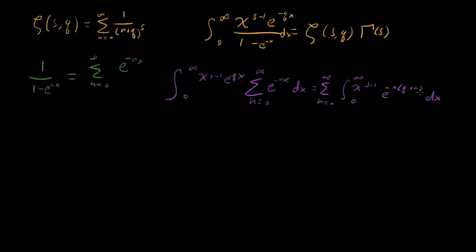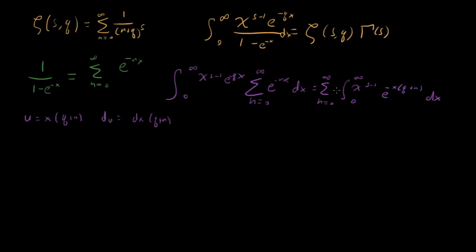And so that suggests that what we need to do now is use a change of variables. That change of variables should look like u equals x times q plus n, because that'll fix this exponential term to look like what it should for the gamma function. So let's plug it in and see what happens.